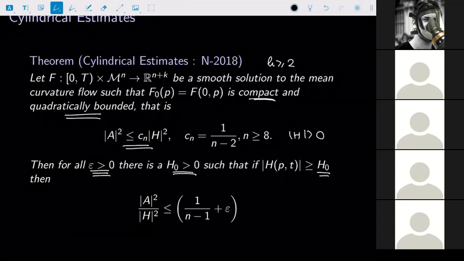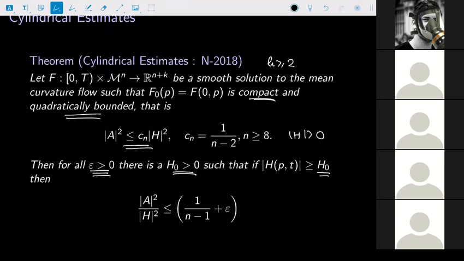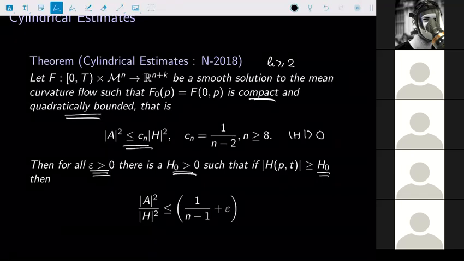It says that near the singularity, when the mean curvature is sufficiently large, then the curvature of the submanifold at that point, and also in a region of that point, is asymptotically becoming the curvature of a cylinder, becoming cylinder-like. And you prove this again by the gradient estimate and a blob argument.